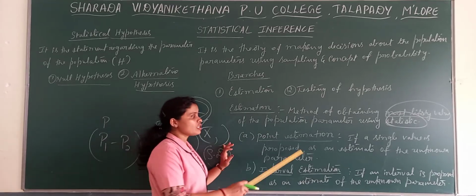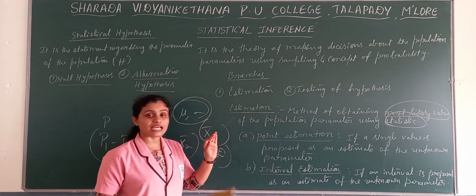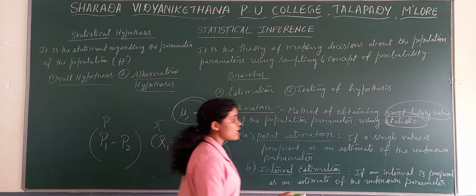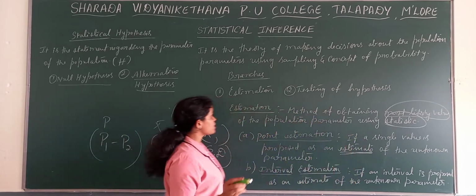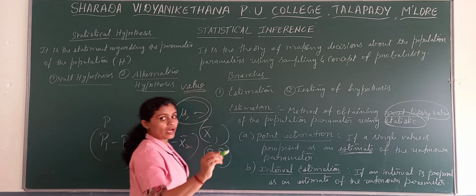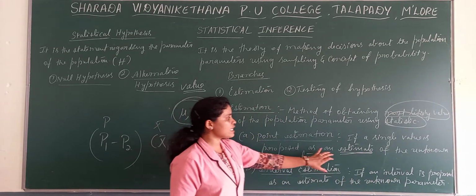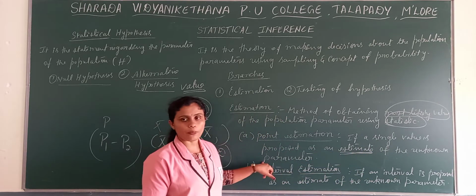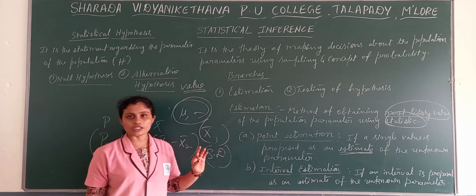Point estimation is when a single value is proposed as an estimate. What do we mean by estimate? Estimate is nothing but a value. If a single value is proposed as an estimate of the unknown parameter, then we call it point estimation.